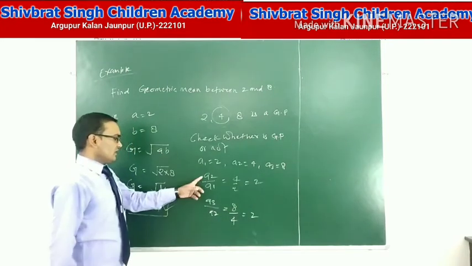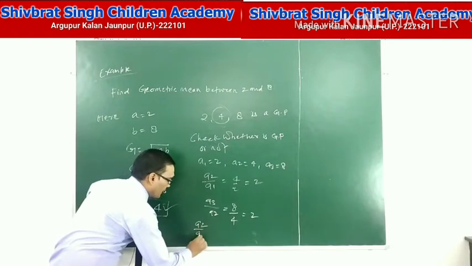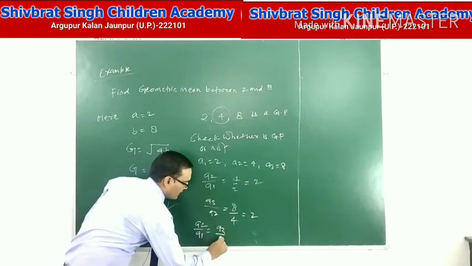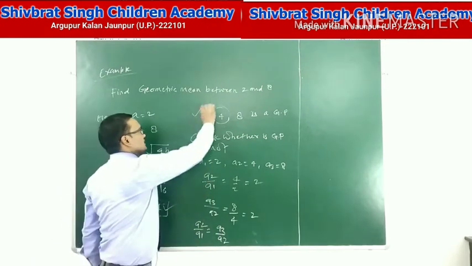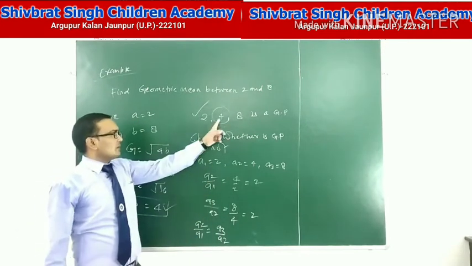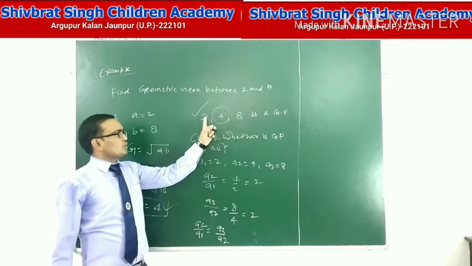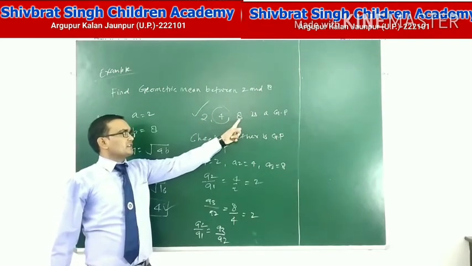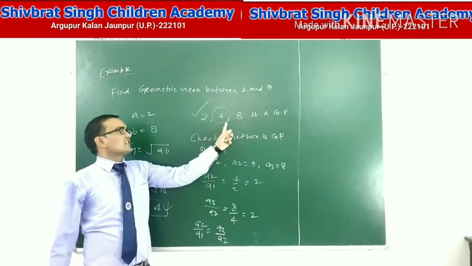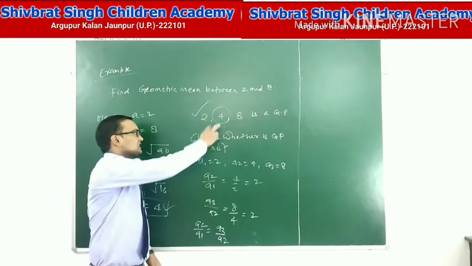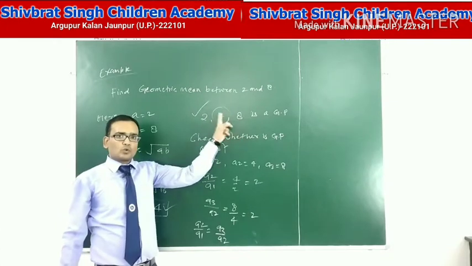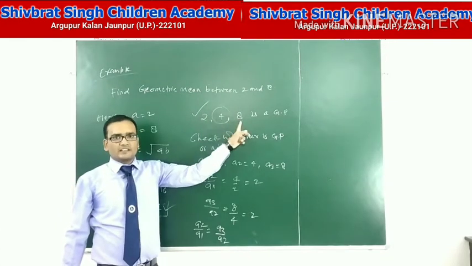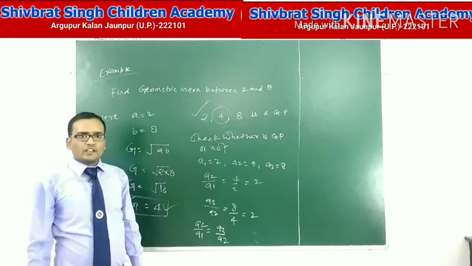Here a2 upon a1 equal to a3 upon a2. Both are equal, hence this is a GP. That means when a number is inserted between two positive numbers so that the resulting sequence is a GP, then this number is known as the geometric mean of the two positive numbers 2 and 8. Understand, student?